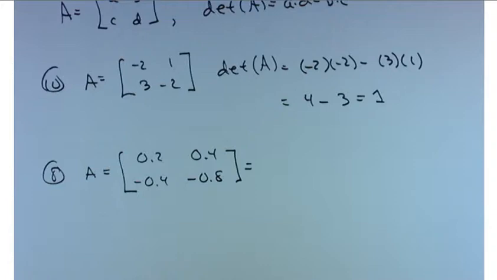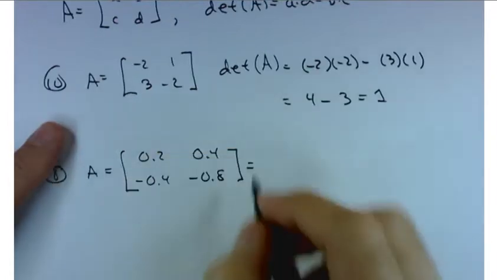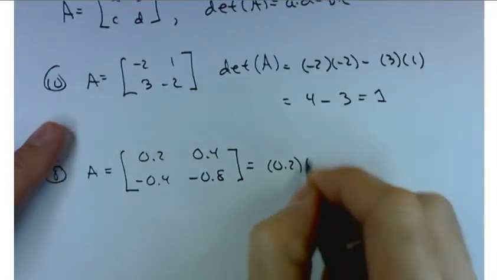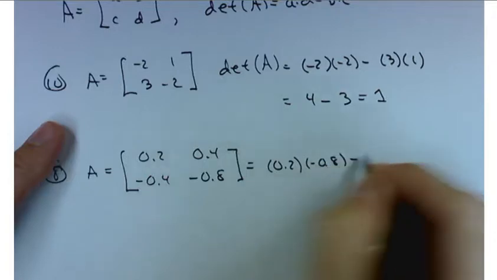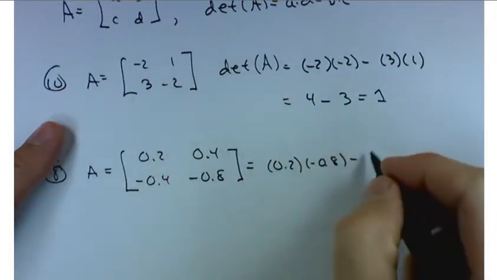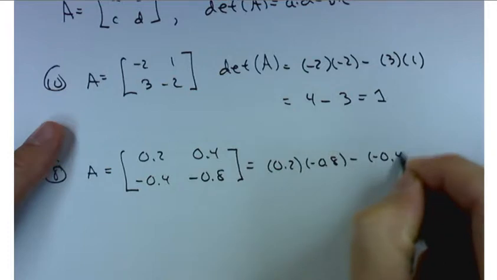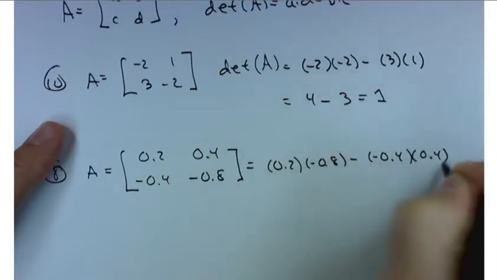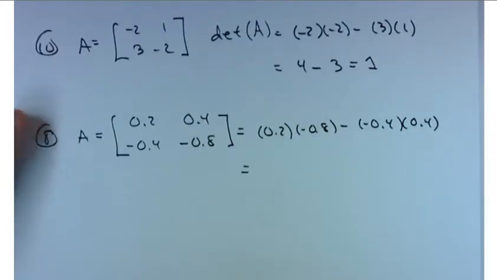So let's check this one out. So again, we want the product going down. Product going down is going to be 0.2 times -0.8 minus the product going up, -0.4 times 0.4. Here are a lot of buttons being pushed on your calculators.